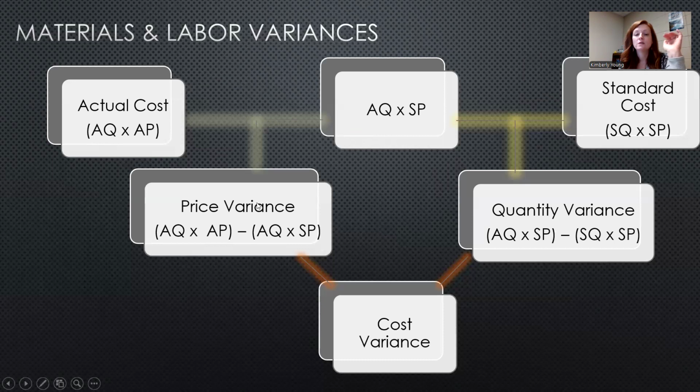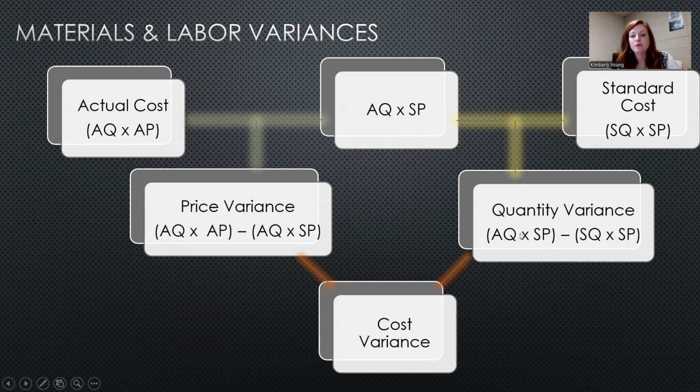So regardless of what the quantity was, how much was the price difference? So this is just going to break it down by price. Over on the right side, we're going to break it down to the quantity difference. So we take these same amounts, AQ times SP, then we subtract out the standard cost, the standard quantity times standard price. That will tell us how much of the variance was because of the quantity difference than what we budgeted for.